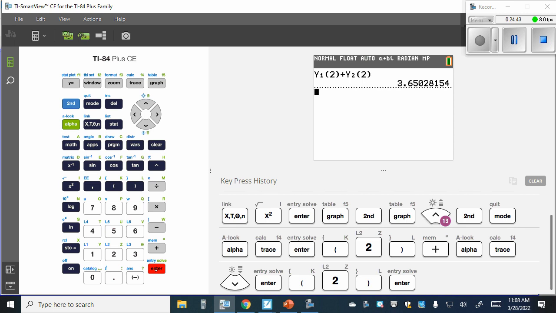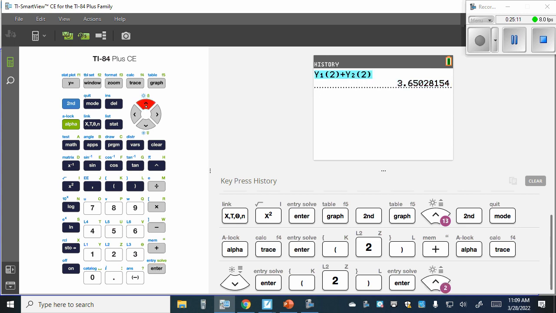Now, unlike the previous ones that we've done, if I wanted to move on to f minus g of x, well, I had to actually figure out what that was, subtracting our terms. But here, we could do the same thing we just did, alpha trace y1 parentheses 2 close parentheses minus alpha trace y2, parentheses 2, close parentheses.